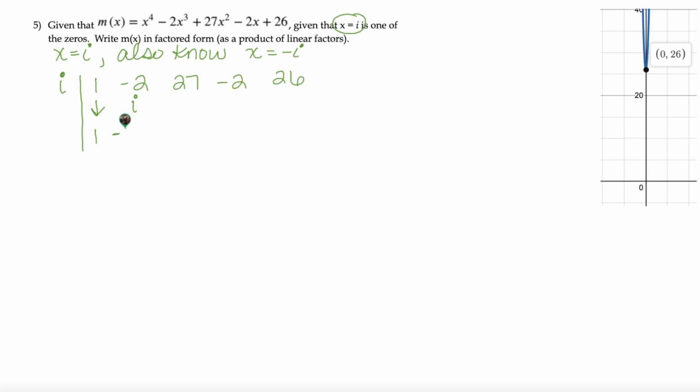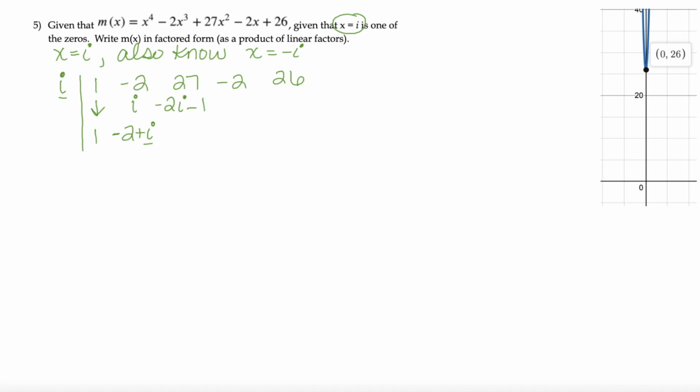It is -2 plus i. So now when I take i times this next set, I will have i times -2, so -2i, and i times i is i squared. We know we can replace i squared with -1.